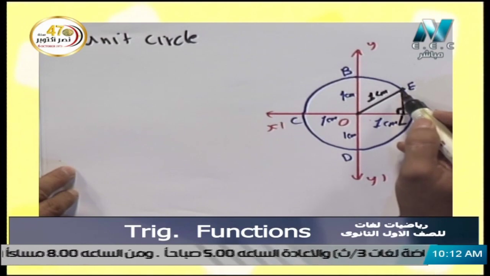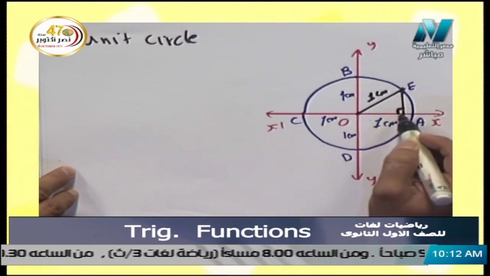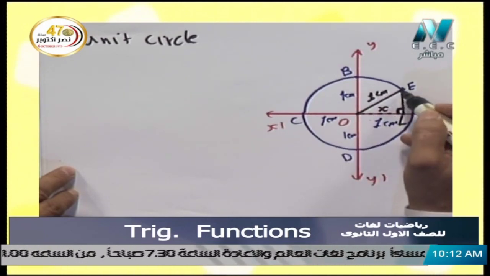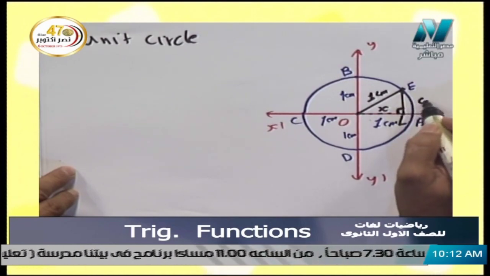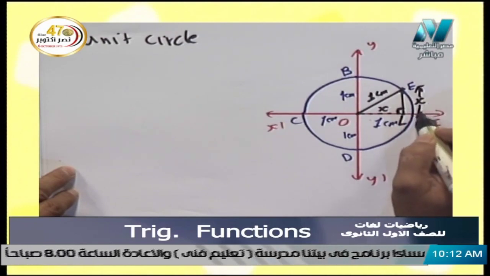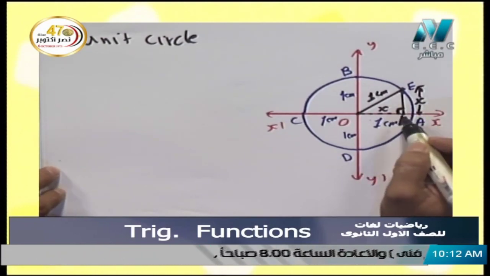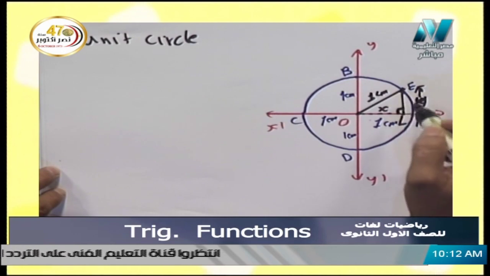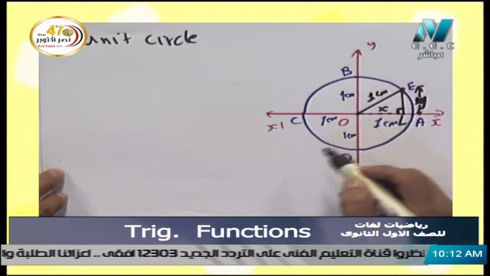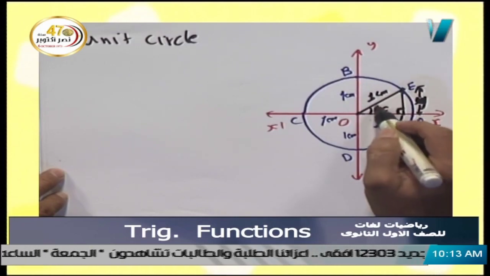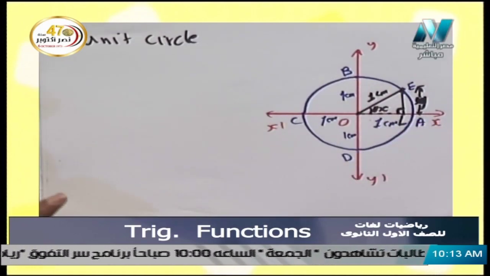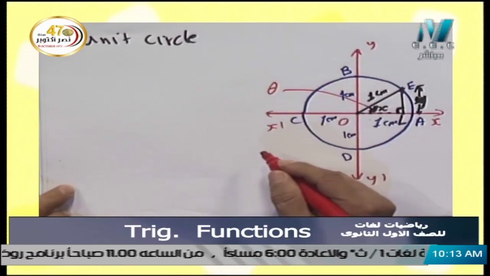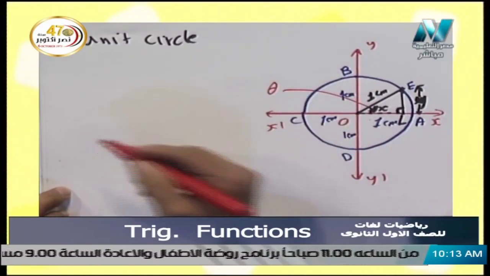In the right angle triangle OEL, let's call OL, X, and let's call EL, Y. So we have two sides: the side OL is of length X, and the side EL is Y. Let's call this angle theta, and we'll try to find the trig functions for the angle theta.